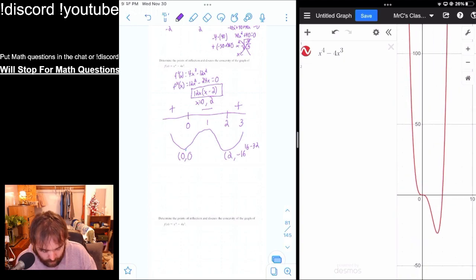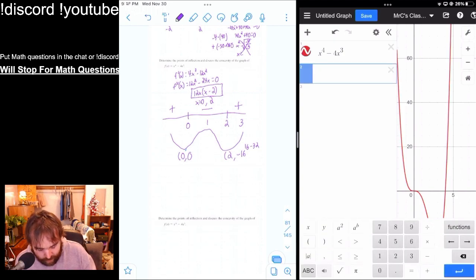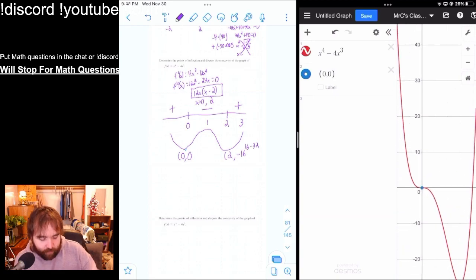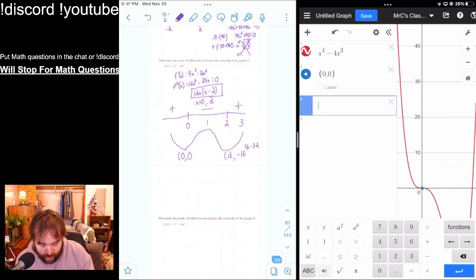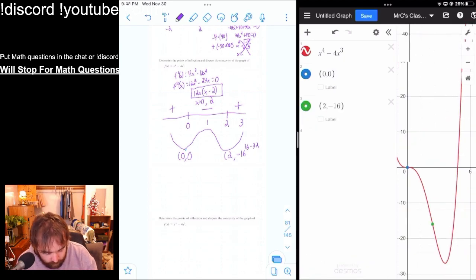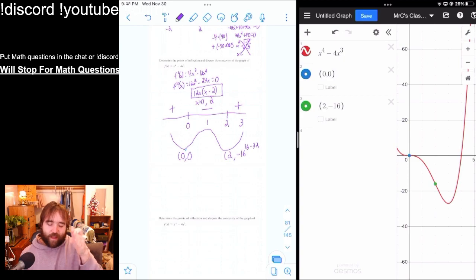But that's still going to be true, because you see here at 0 comma 0, you kind of get the vibe from going up to going down. And then at 2 comma negative 16, you can see that's also where it's kind of switching from going down to going up. So points of inflection, you can't really just look at the graph and tell, but when you see them, you can tell that it turns around there.